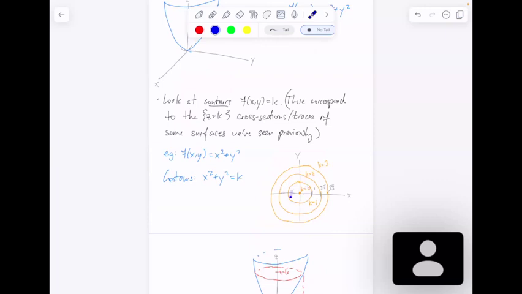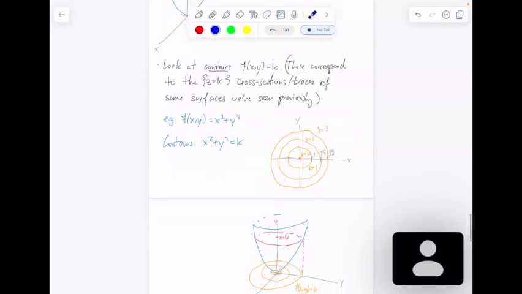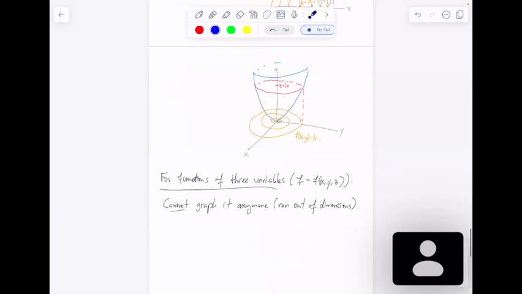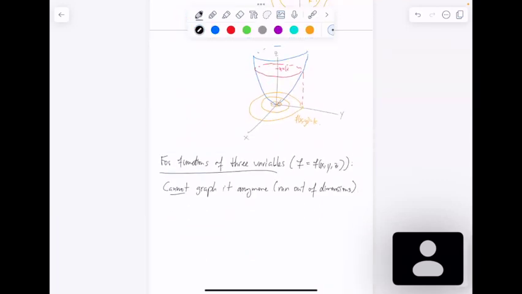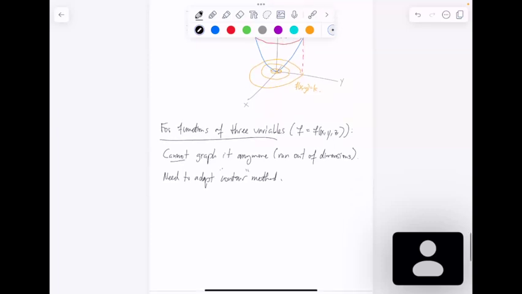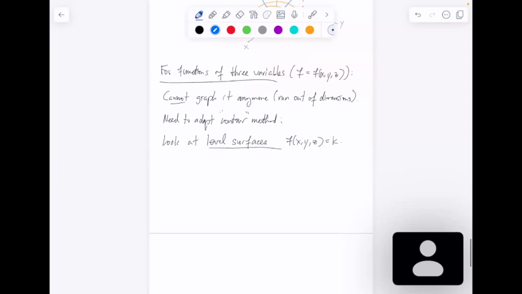These surfaces are 2-dimensional, so these are 2-dimensional shadows ranging in 3-dimensional space. And you can't actually see the graph. You can only see the parts where your function is constant. So here you need to adapt the contour method. The contour method is you look at level surfaces of the form f of x, y, z is equal to k.